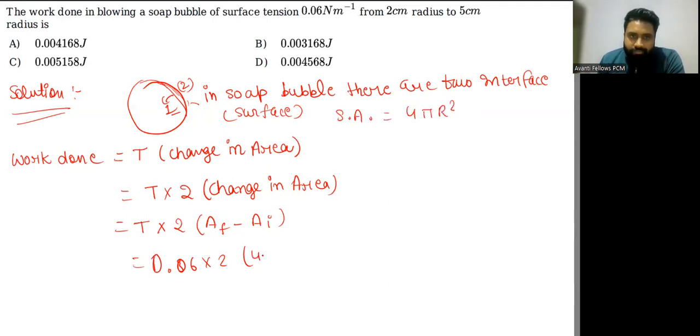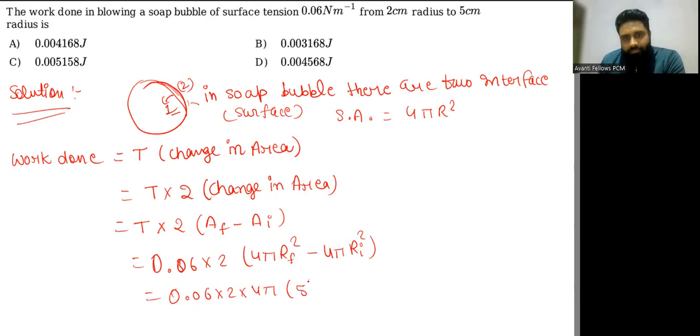So you can take it as 4 pi r final square minus 4 pi r initial square. So it will become 0.06 multiplied by 2 into 4 pi, you can take common. So it will become r final, which is 5 square, minus. You have to convert it into meters because it is given in centimeters.